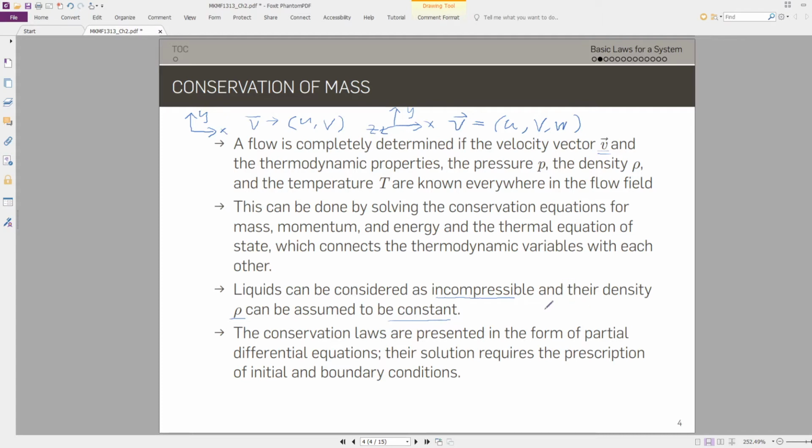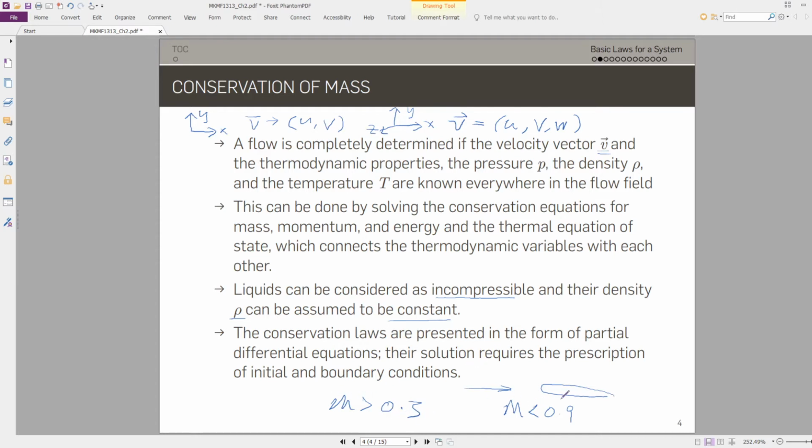That means if we consider a wing flying at a certain speed below, let's say, Mach 0.9, actually the flow starts to compress as low as Mach 0.3, but this is what we call mildly compressible flow.